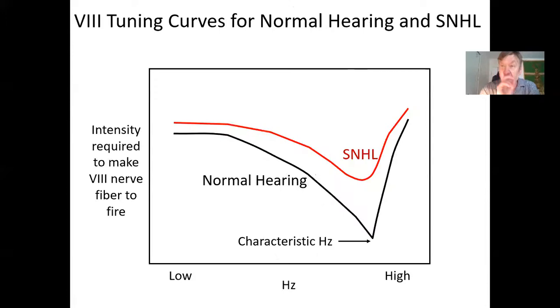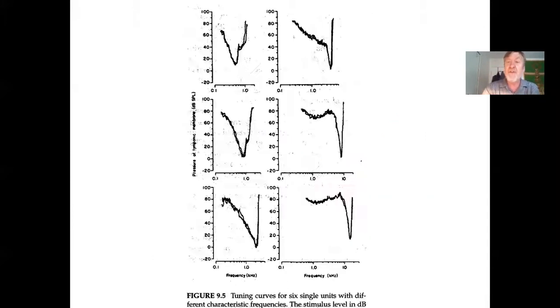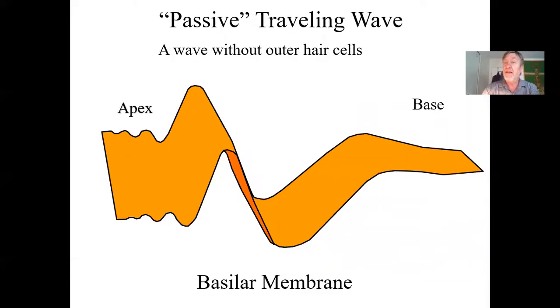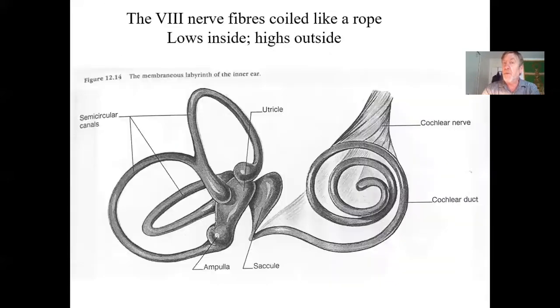But if you've got hearing loss, you've lost outer hair cells, so now you need more decibels to get that neuron fiber to fire. But secondly, look at the roundedness of the red tuning curve. Just like the traveling wave was more rounded, the tuning curves are more rounded.